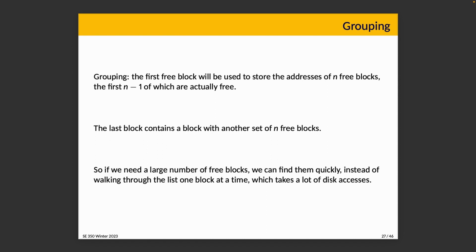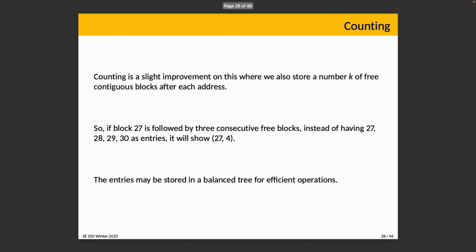So the first free block will actually be used to show the address of n free blocks, the first n minus 1 of which are actually free. So what we're looking at here is kind of like an index, but for the unallocated blocks. And when we want to find free blocks, we can get them in large chunks, and we don't have to do a lot of disk accesses to get them, right?